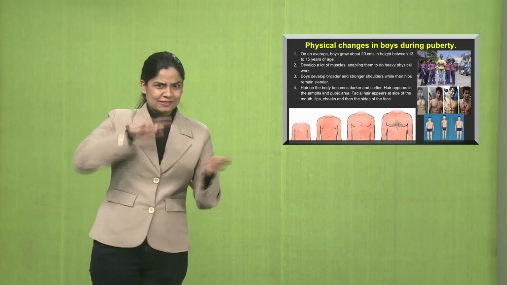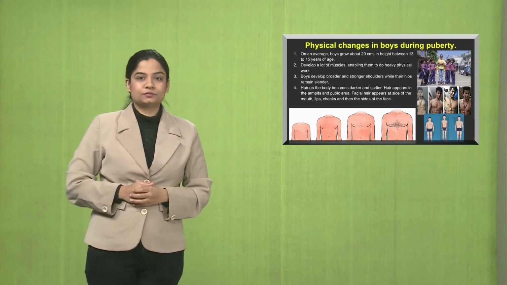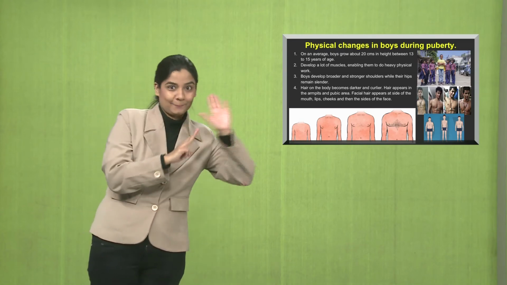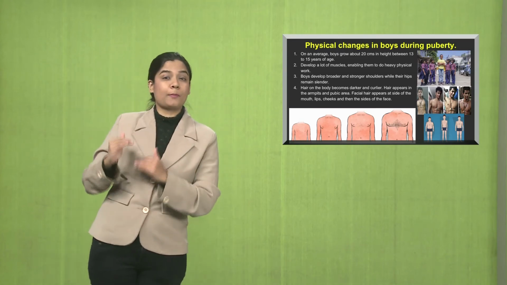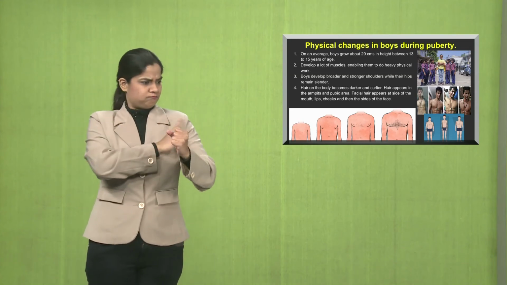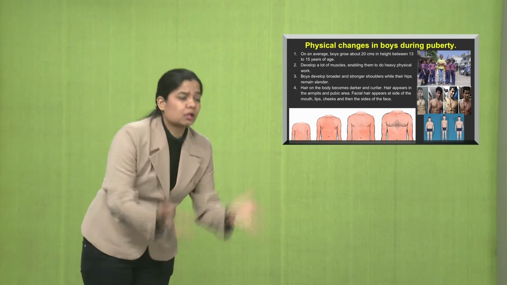Now that we have discussed the girl's body, let's discuss the physical changes that boys have. Girls, remember, grow up to 8 centimeters, whereas boys can grow up to 20 centimeters. They also start to develop muscles, enabling them to do heavy work.